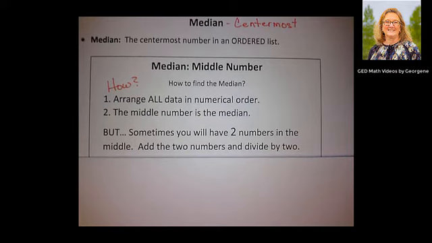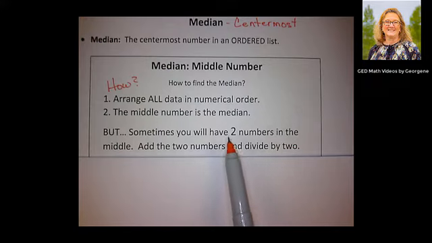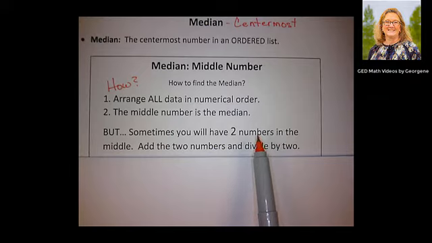Sometimes when you arrange them and then find that middle number, you're going to notice that you end up having two numbers in the middle. That typically happens when you have an even number of items. And then what you have to do is what we call a mini mean. Basically, you're just simply going to add the two numbers and then divide by 2. And we'll take a look at that in just a moment.